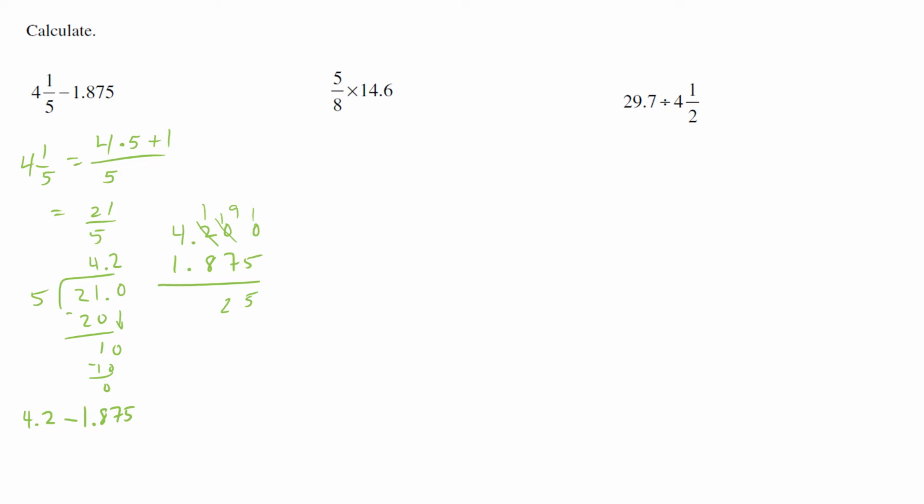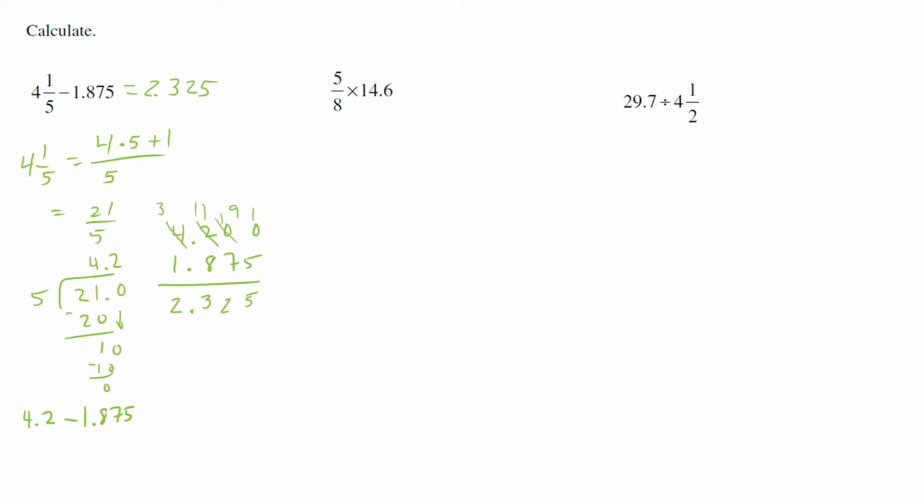I can't take 8 from 1 there, right? So I'm going to have to borrow again, 3 and 1. So 11 minus 8 is going to be 3. Keep my decimal lined up, and then 2. So this is actually going to give us 2.325.